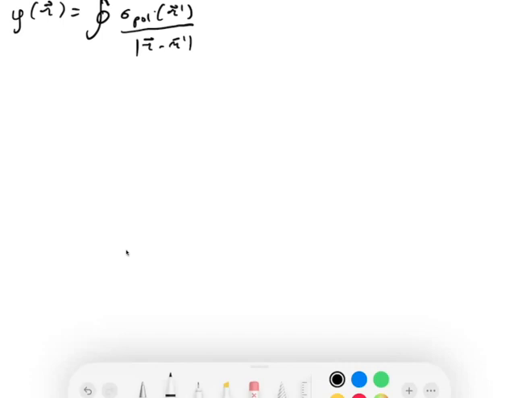And this is a surface integral, so that's a d2s prime.